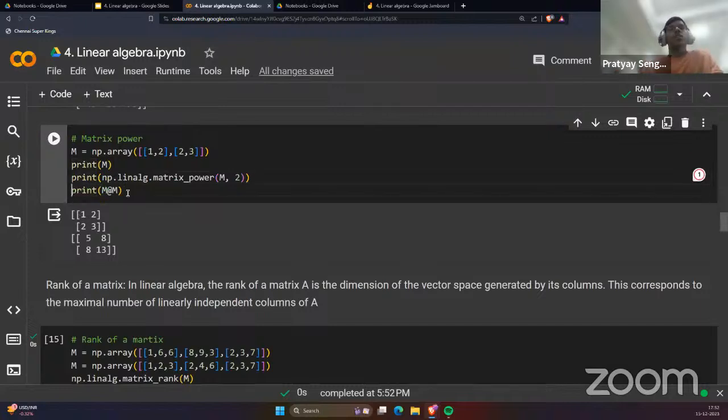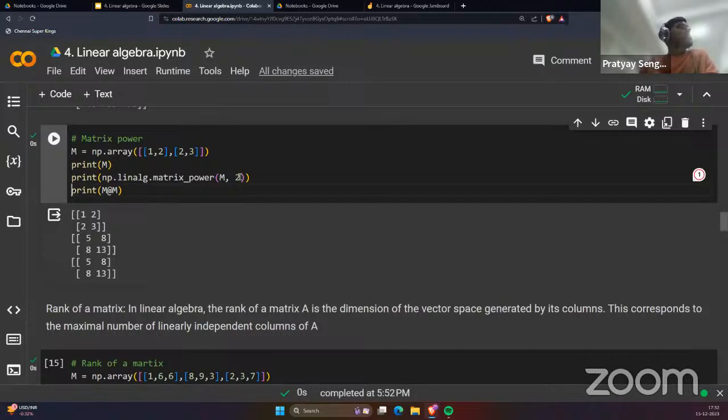You can also multiply this and get this as m3 also. You can do multiple times of this, or just simply give the power and get it. So this is matrix power.